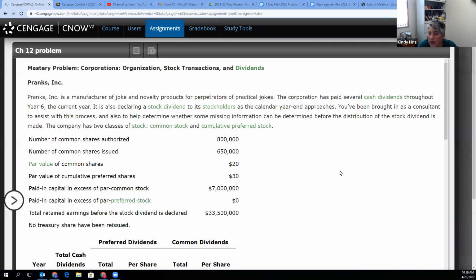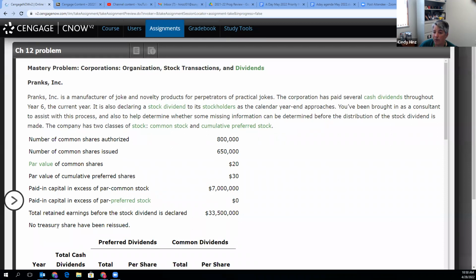The company has 2 classes of stock. They have common stock. They also have cumulative preferred stock. We can see some information there about their common shares that are authorized and issued, par value of the preferred shares, some additional information about how much paid in capital they have from the common stock, none from the preferred stock, and they have $33.5 million in retained earnings before the stock dividend is declared.